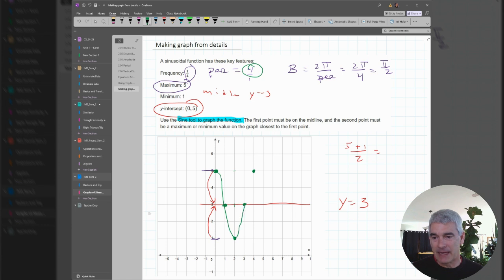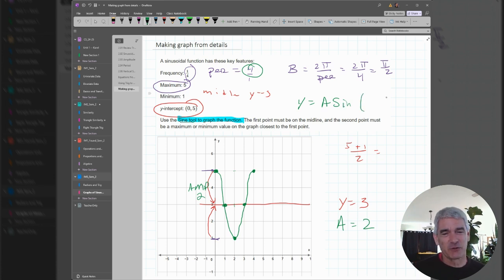And I'm going to go a little further with this and say what the equation is. Our amplitude here is, like I said before, 2 above and 2 below. So the amplitude is 2. The midline is 3. So A equals 2. I should really say the absolute value of A, because A could be a negative number. The template is y equals A sine or cosine, actually in this case I would use cosine, but we're to use the sine tool.